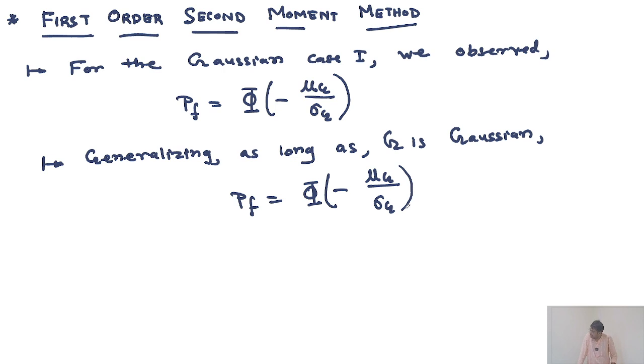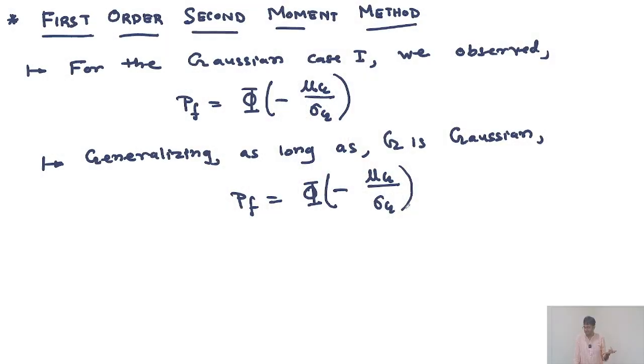Now, before I go ahead, let us try to see why the name. First order we will talk about later, but it is also called second moment. Why is it called second moment? Look at this expression. What is the first moment of a random variable? Mean. Second is expectation of x square or variance also, as I said.